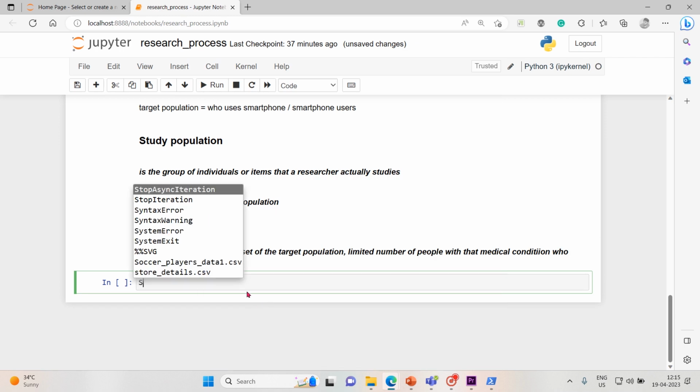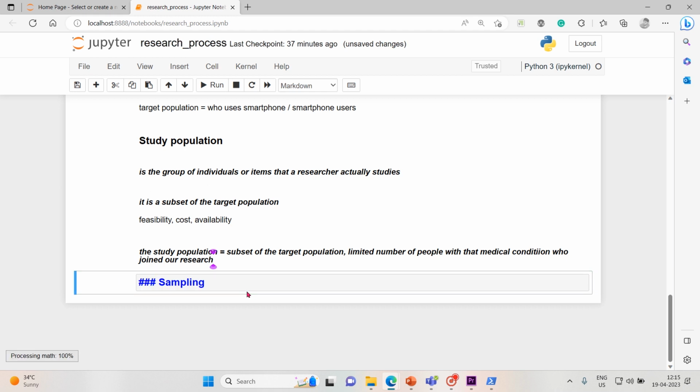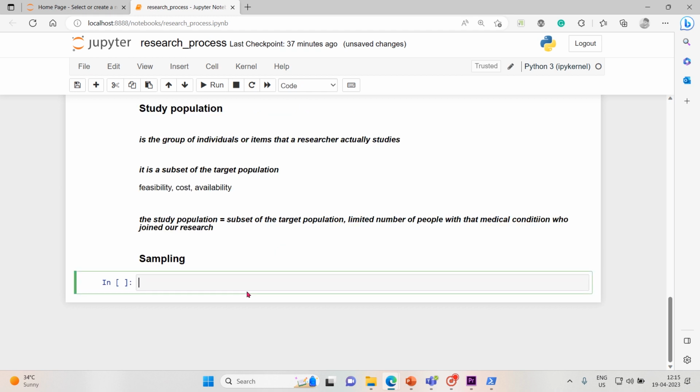Again, it is a subset of a larger population, or simply a subset of the study population, for the purpose of making inferences about the population as a whole, making inferences about the target population.